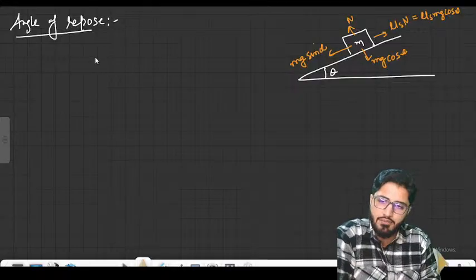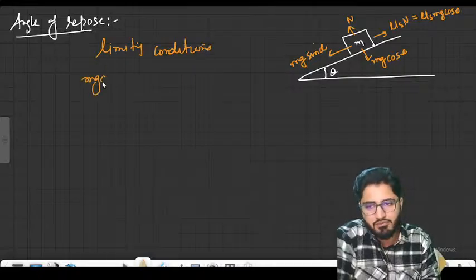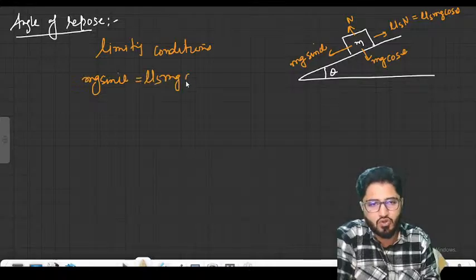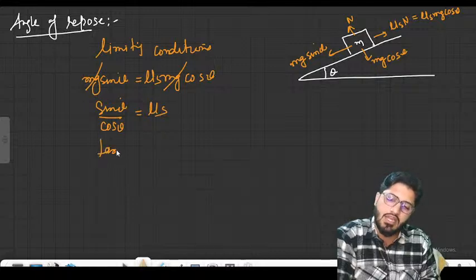In a limiting condition, my mg sine theta is equal to mu s times mg cos theta. mg cancels out, so sine theta by cos theta equals mu s. That means tan theta is equal to mu s.